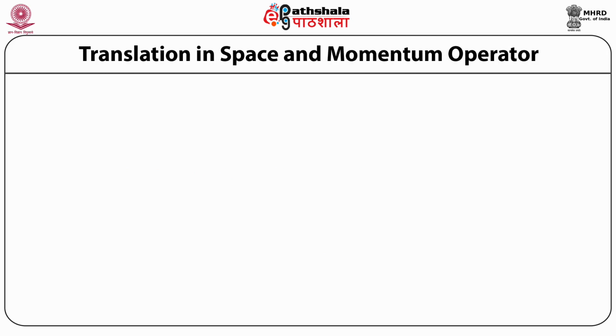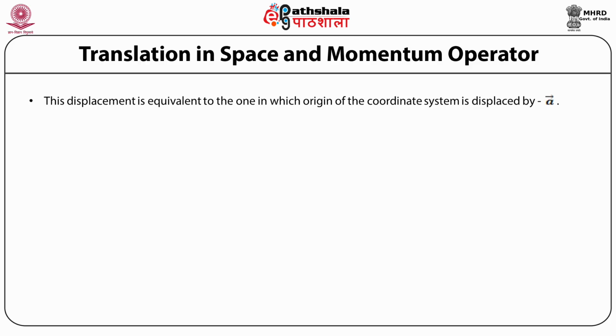Translation in space and the momentum operator. Based on the analysis that we've done earlier, we can say that the displacement, as we defined earlier, is equivalent to the one in which the origin of the coordinate system is displaced by a vector minus a.